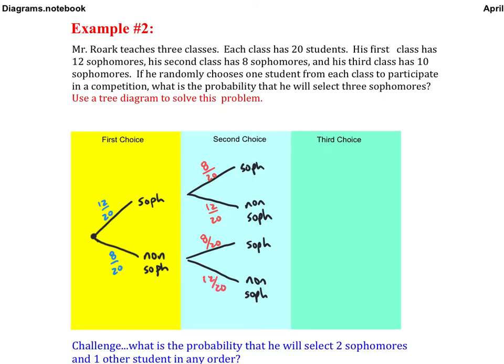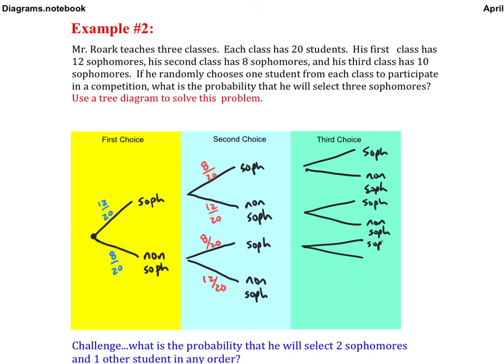And then for our final one, same kind of thing. We have sophomores and non-sophomores. Okay, so you can see that there are a variety of different paths.